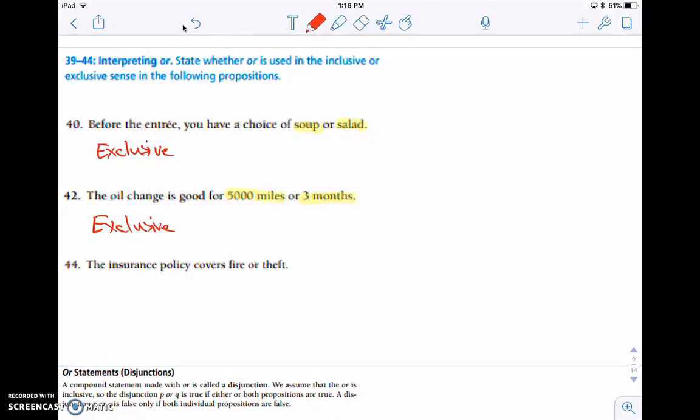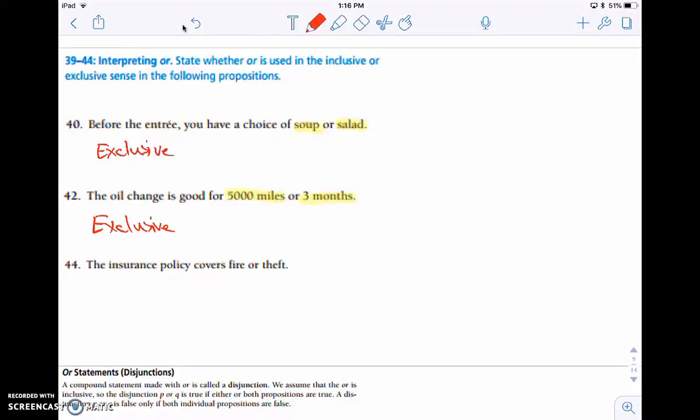If you go to get your oil changed at 3 months, very rarely are you exactly at 5,000 miles. So this is exclusive. Either you hit 5,000 miles or 3 months, and usually they'll tell you whichever one comes first. But this definitely is an exclusive proposition when we're looking at or.